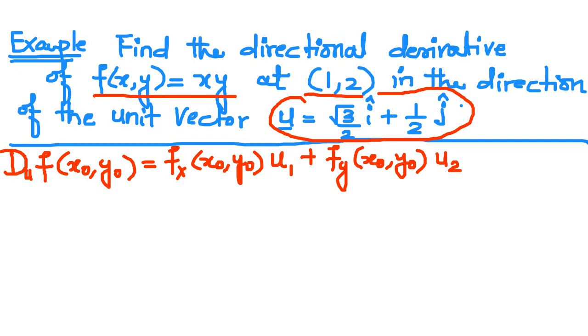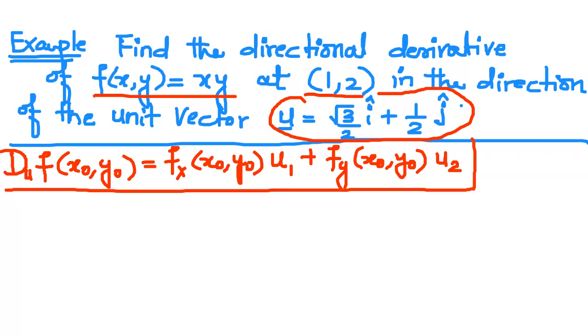So this is the formula. Now we need the partial derivative of the function with respect to x and with respect to y. So what is the partial derivative of the function xy with respect to x?